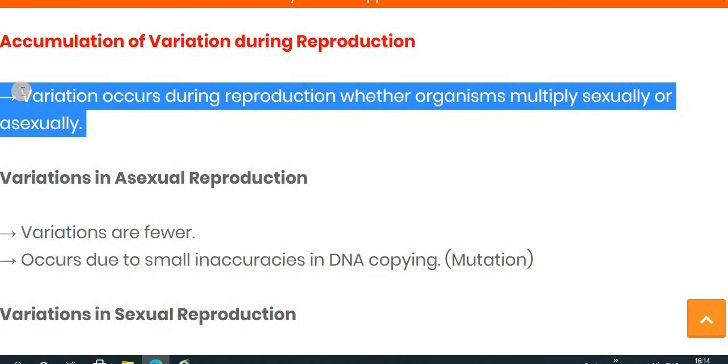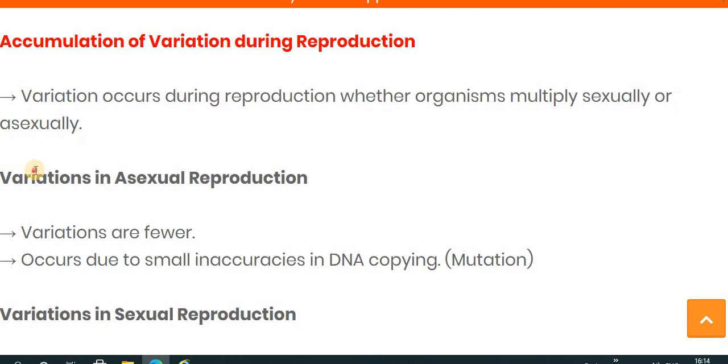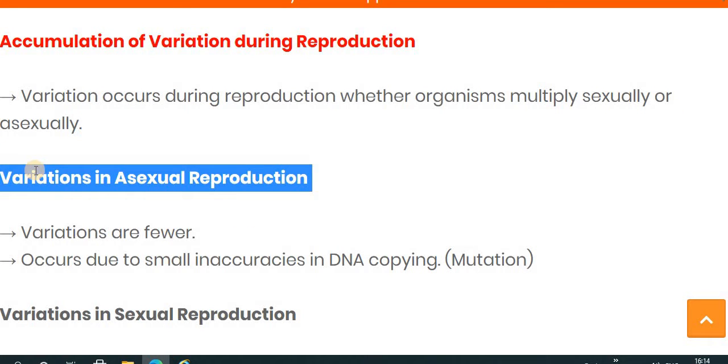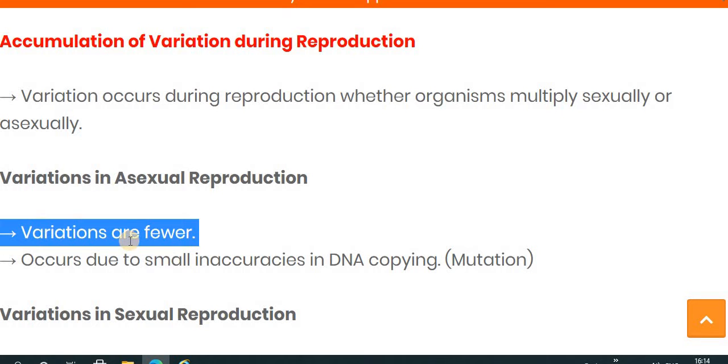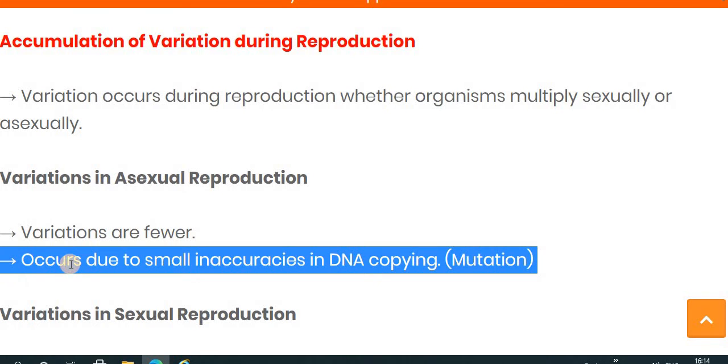Variation occurs during reproduction whether the organism multiplies sexually or asexually. First of all, we discuss the variation that occurs in asexual reproduction. The variations are feeble and occur due to small inaccuracy in DNA copying, which you can consider a mutation.